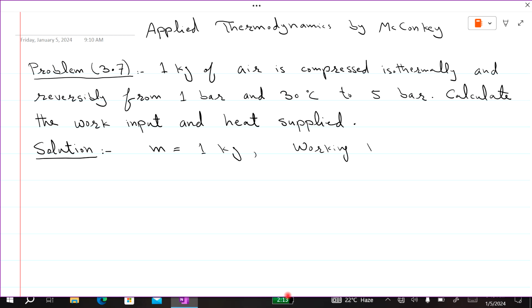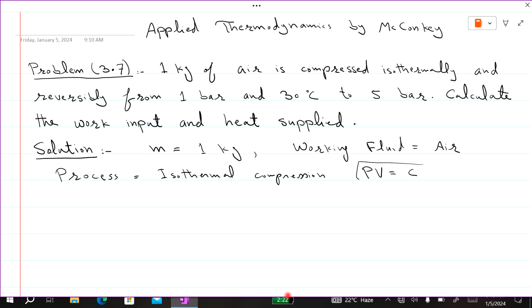Process is isothermal compression. Isothermal means that temperature is constant and compression means that volume decreases and pressure increases. So the isothermal process is according to PV is equal to C.